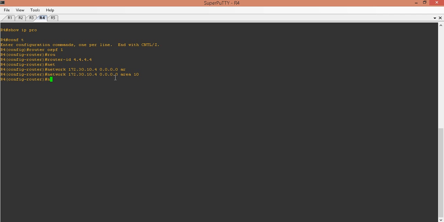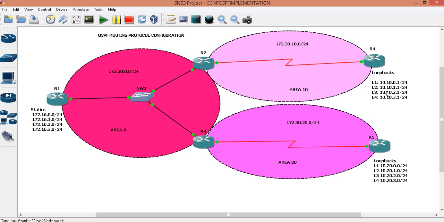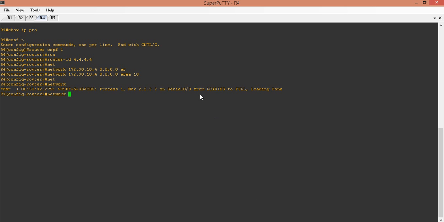Remember I have loopbacks configured here, so I'm going to enable those loopbacks also. I'm going to inject those loopbacks into the OSPF network.